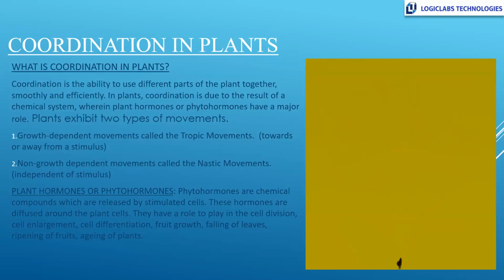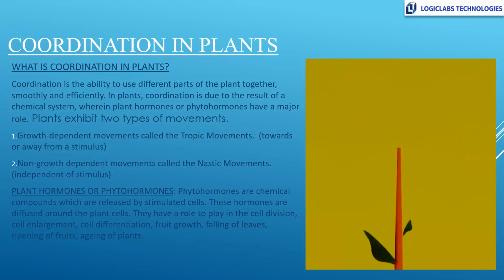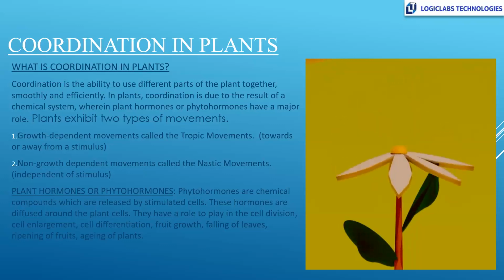So this is how the movement takes place. It has to grow in a particular direction. It cannot grow as it likes. So it takes the support of some plant, and then it moves in a particular direction. It appears that the plant is moving.